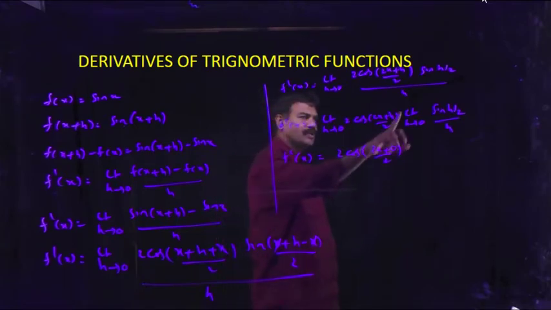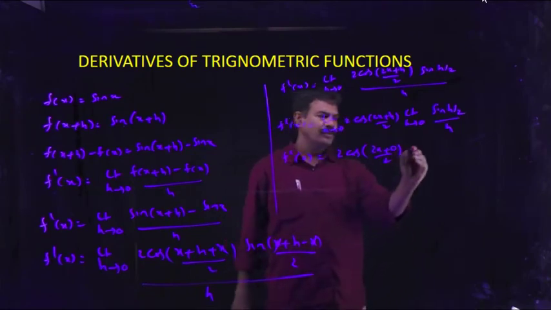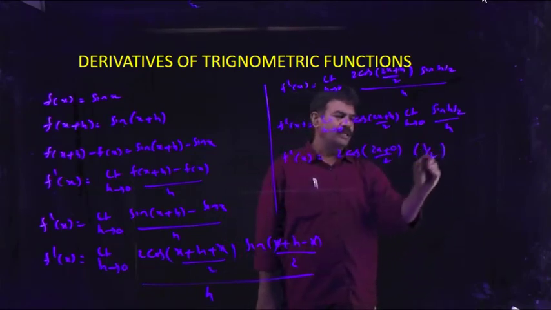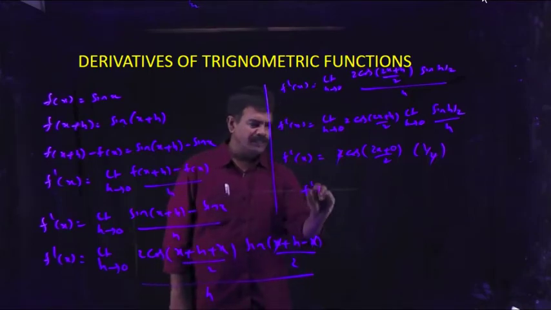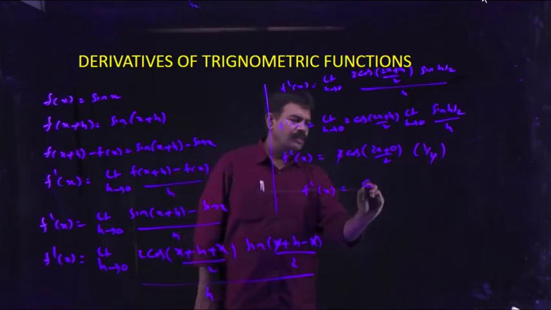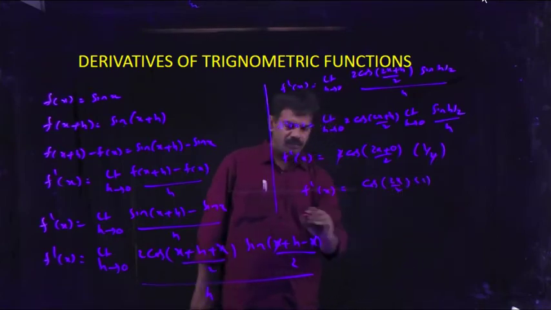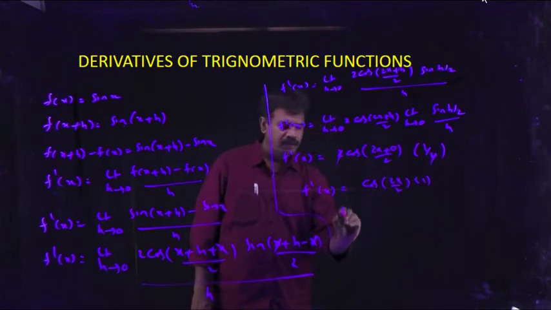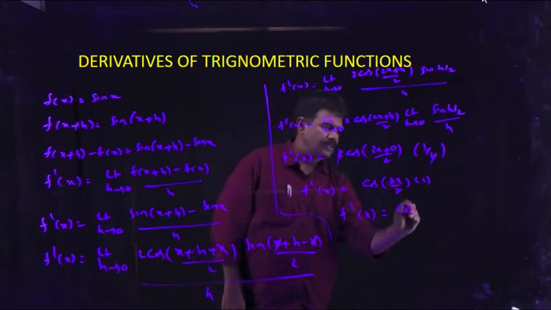Here also limit h tends to 0 sin ah by h, here a is equal to 1 by 2. The 2s cancel. So f dash x is equal to cos of 2x by 2 into 1. f dash x is equal to cos x.